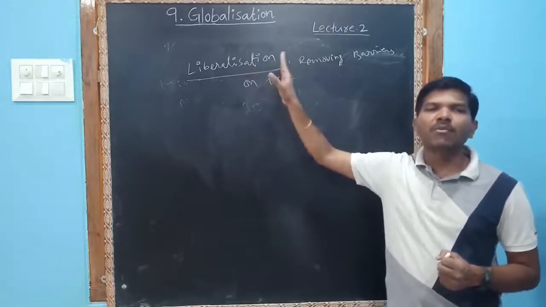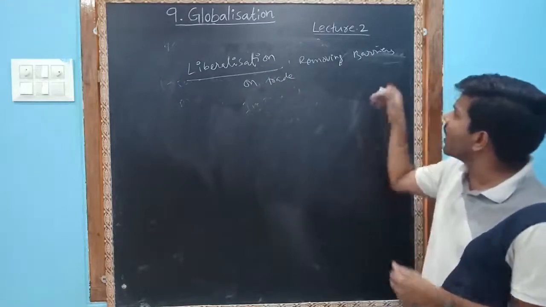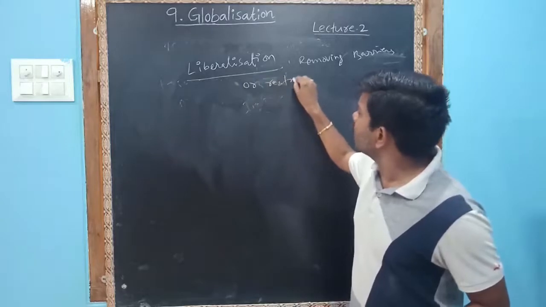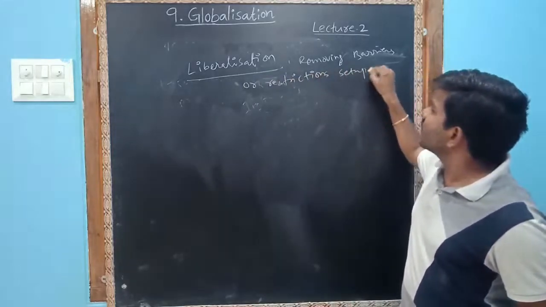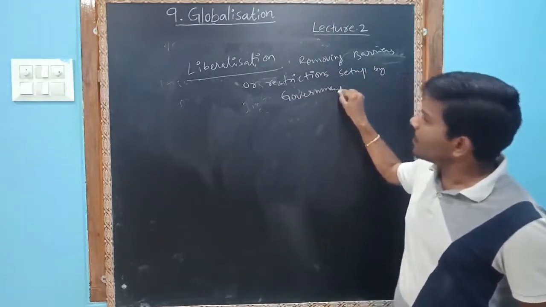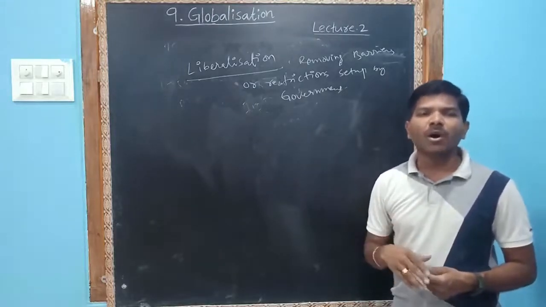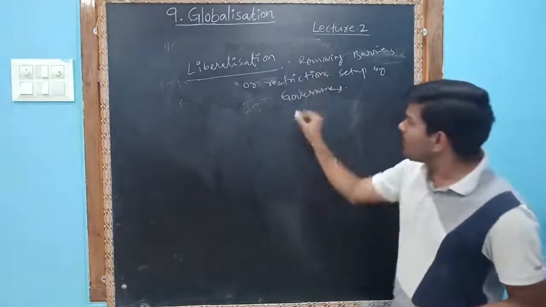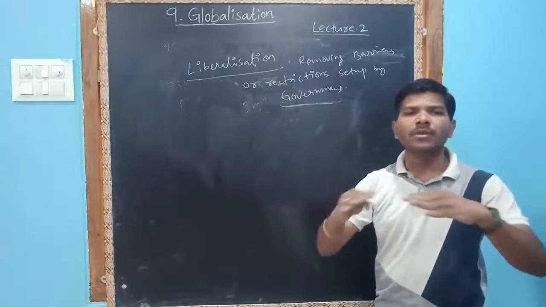I repeat, removing barriers or restrictions set up by the government is called liberalization. So what is the government doing? The government is removing the barriers.